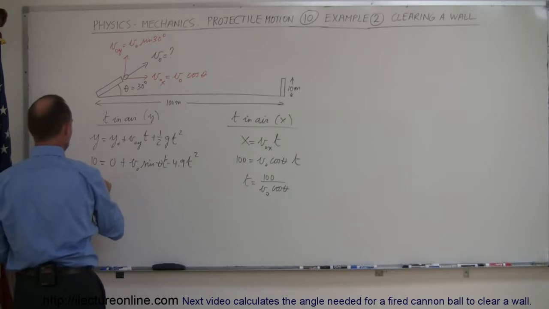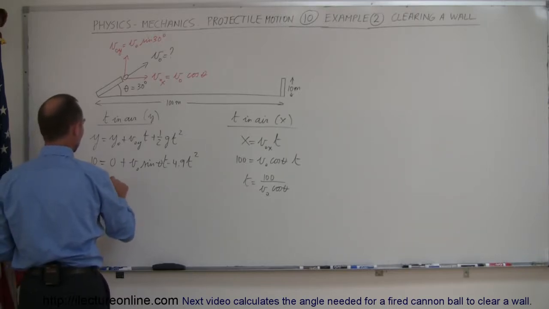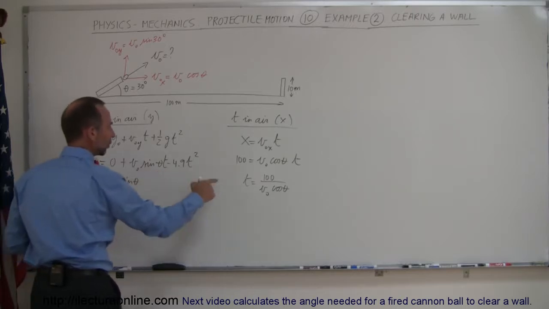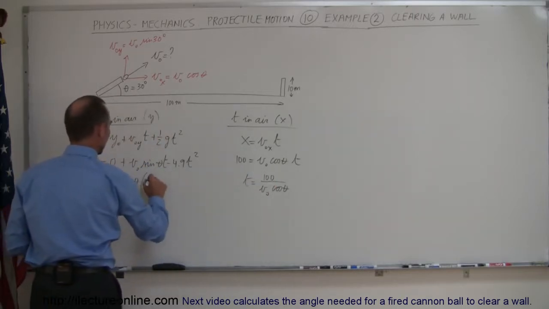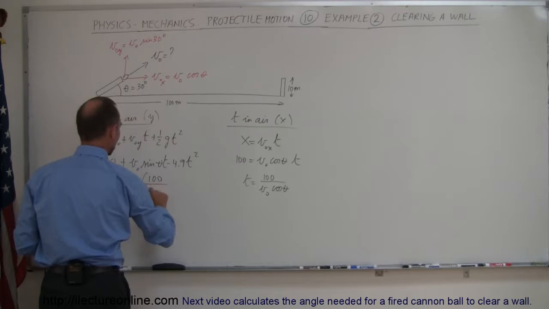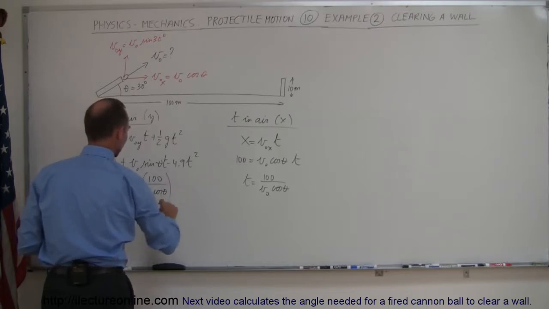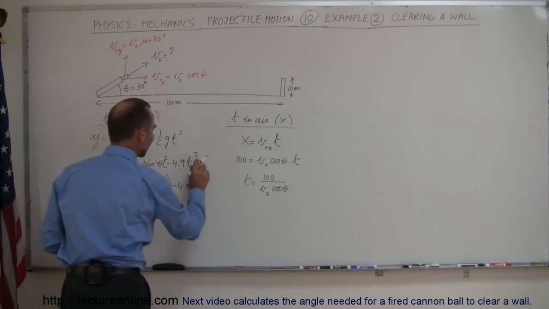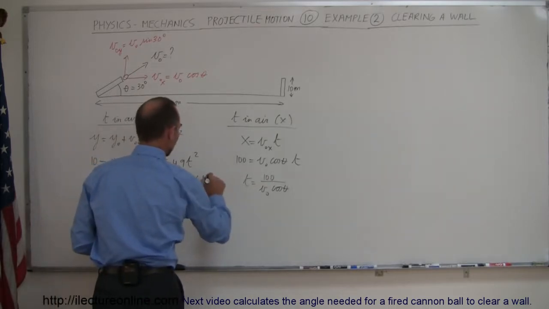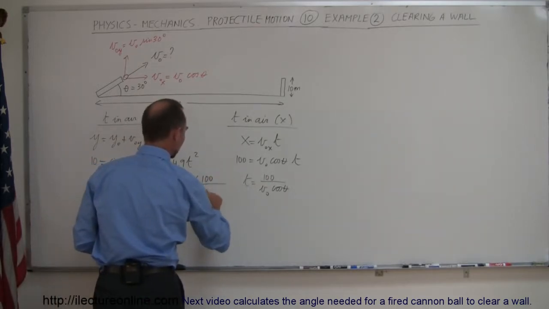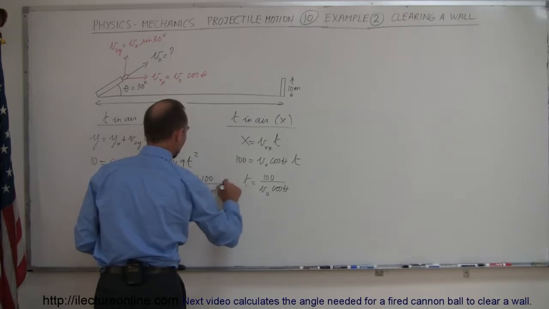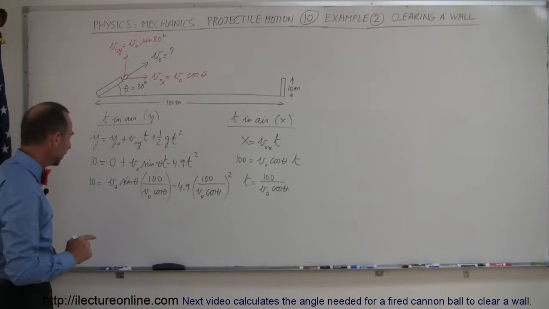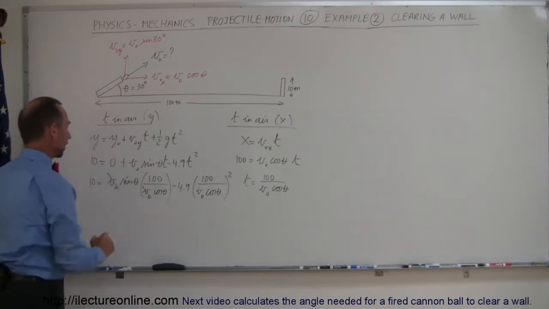So that gives us 10 is equal to v initial times the sine of theta, and instead of t, I'm going to write this right here: times 100 divided by v initial times the cosine of theta. And then minus 4.9 times t squared, which is this quantity, 100 divided by v initial times the cosine of theta, and the whole thing squared. Now I have to simplify this. Notice that v initial and v initial cancel out.